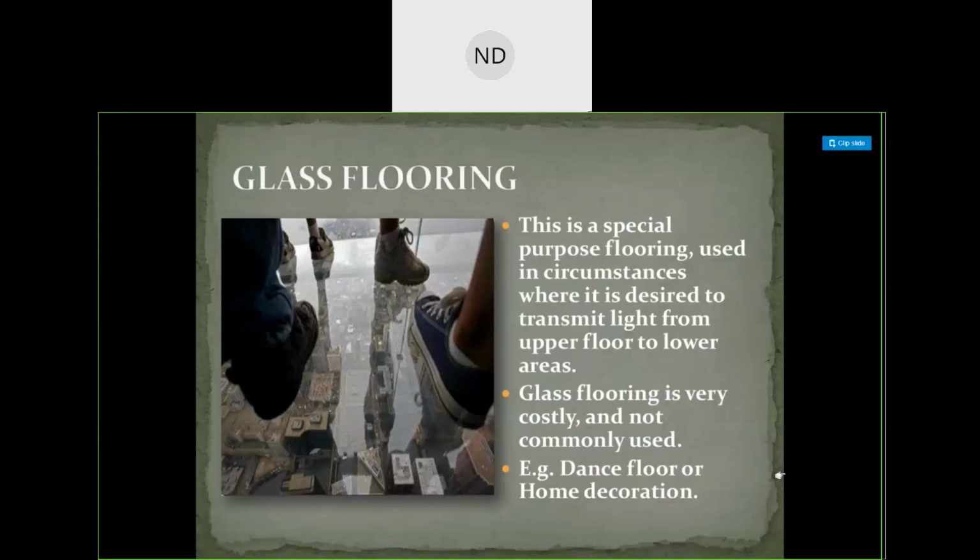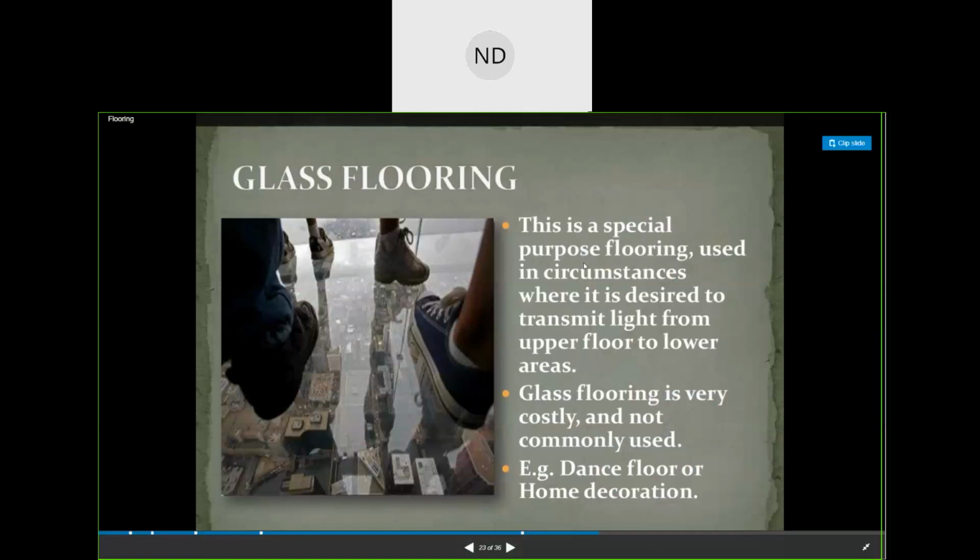Next, and the last one, is your glass flooring. This is a special purpose flooring used in circumstances where it is desired to transmit light from upper floors to lower areas.